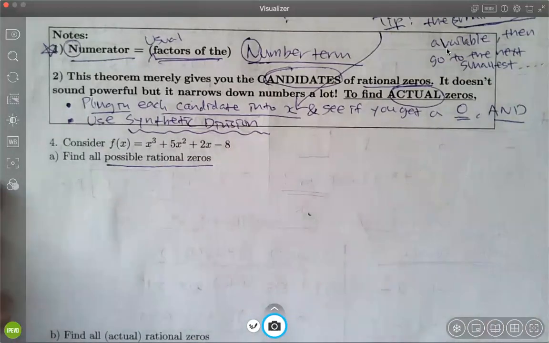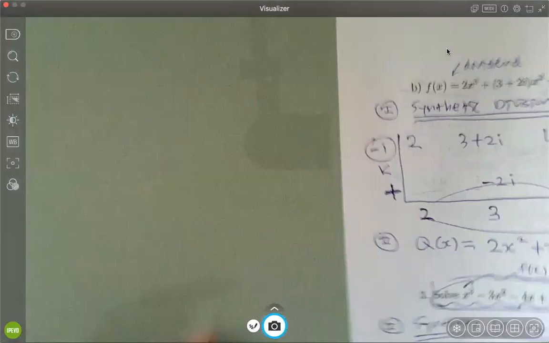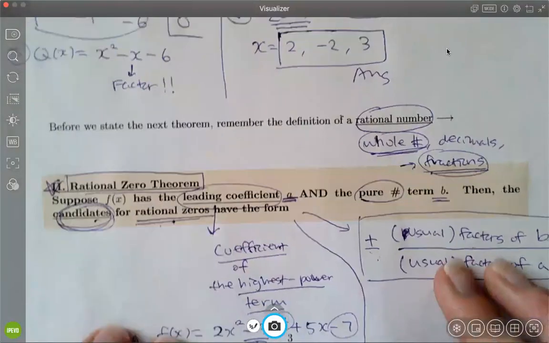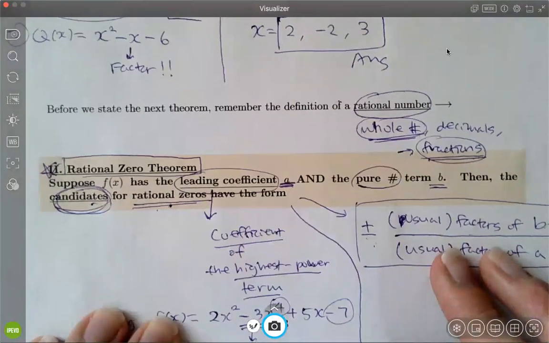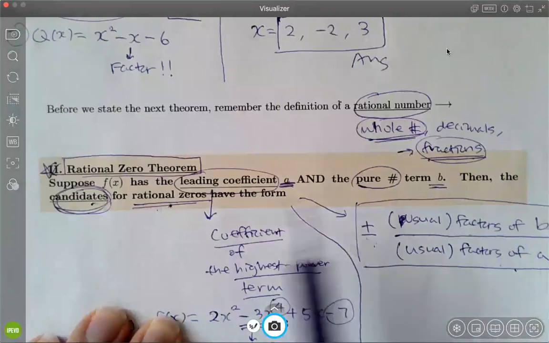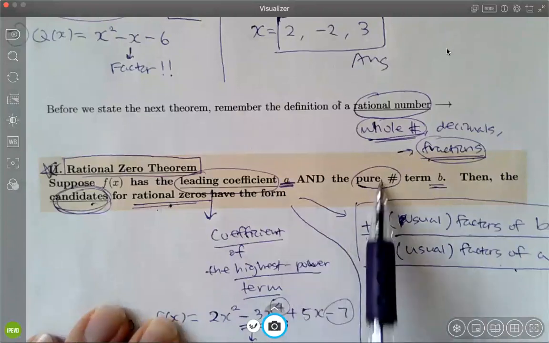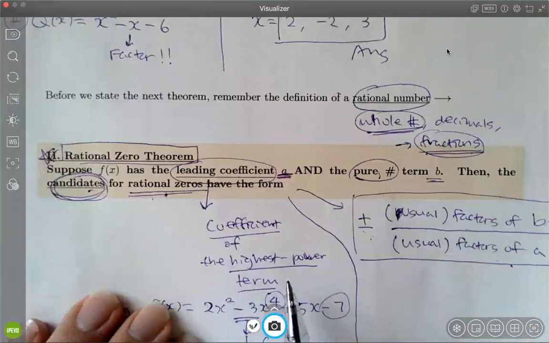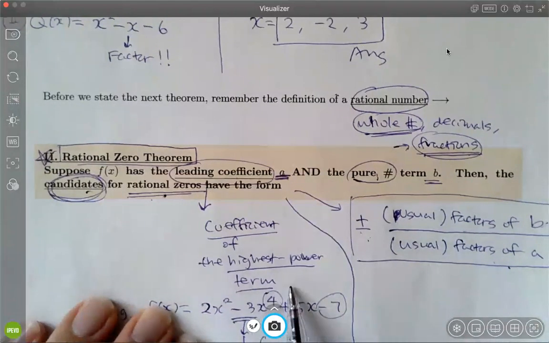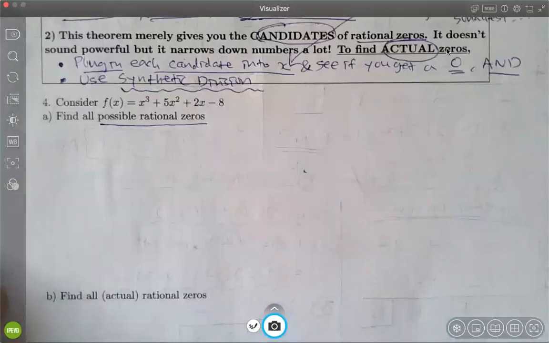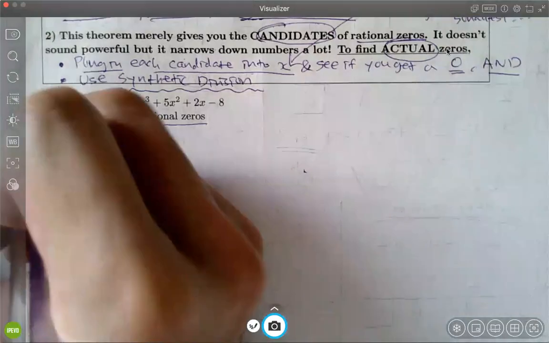For the rational zero theorem, what do you need? You need two ingredients: the leading coefficient and the pure number. How do you find the leading coefficient? It's the coefficient of the largest exponent, right? Step number one: what is the leading coefficient?